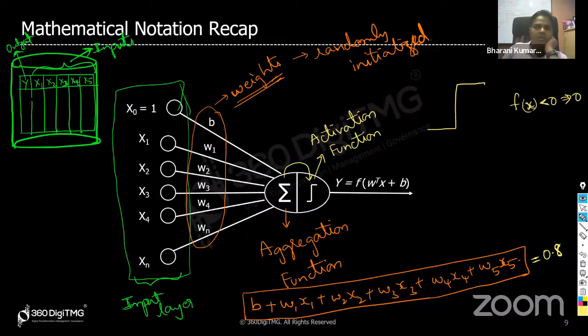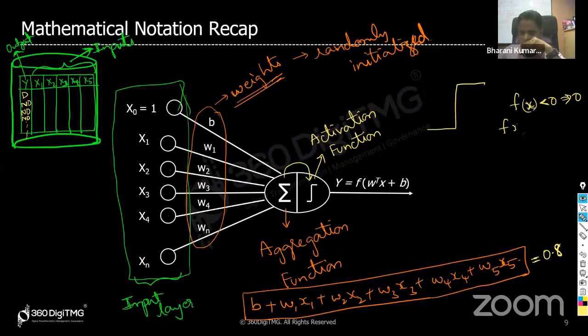Say here, you are trying to predict whether a person will default on the loan or not default on the loan. So this is the kind of data that you have. If F of x is less than 0, the output would be 0.